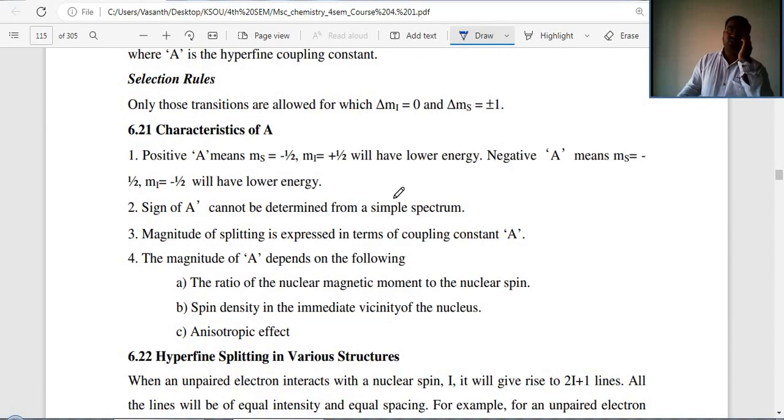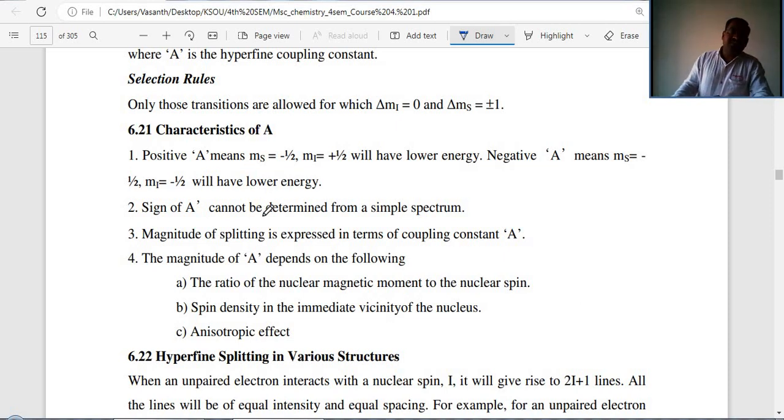This is the selection rule. A positive A means Ms equal to minus half and Ml equal to plus or minus half will have lower energy. A negative A means Ms equal to minus half and Ml equal to plus half will have lower energy.